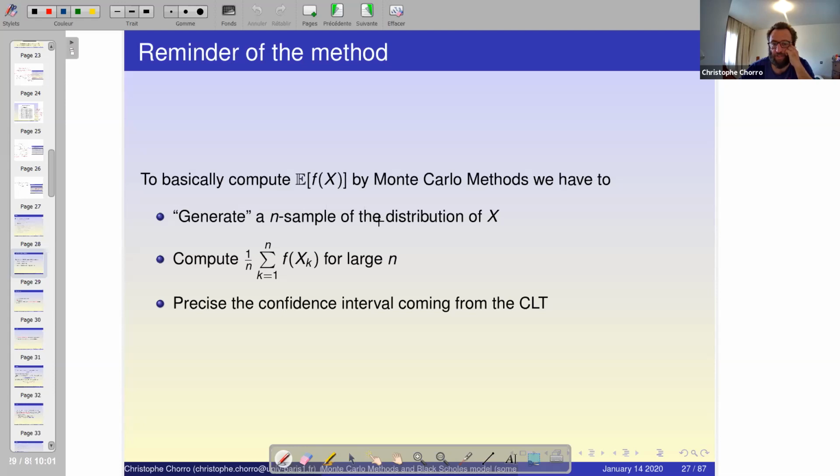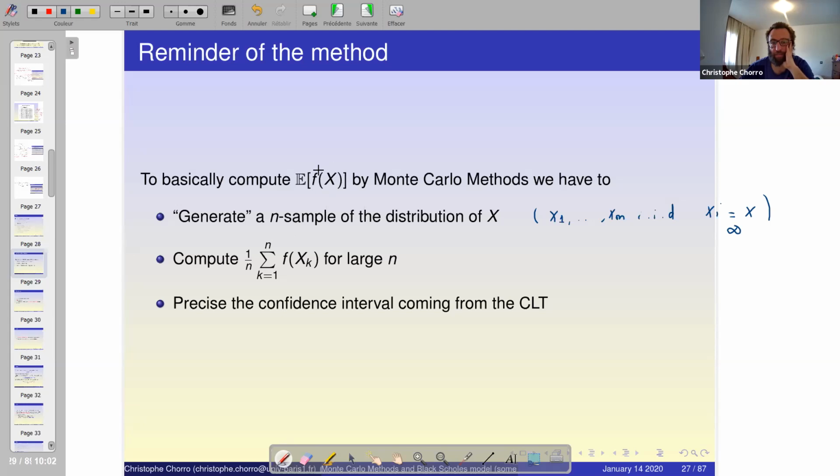I have to first generate an n sample of the distribution of X. It means that I need to generate X1, ..., Xn that are iid, with the Xi equal in distribution to X. And then in order to approximate the expectation of f of X, I can compute the average of the related sample.